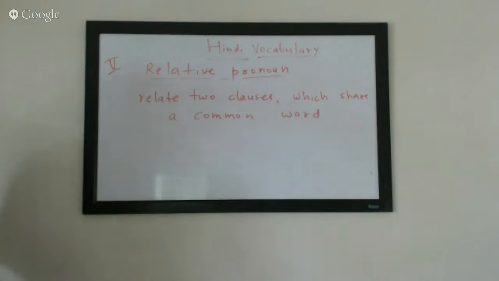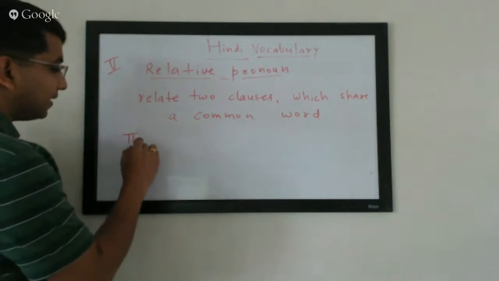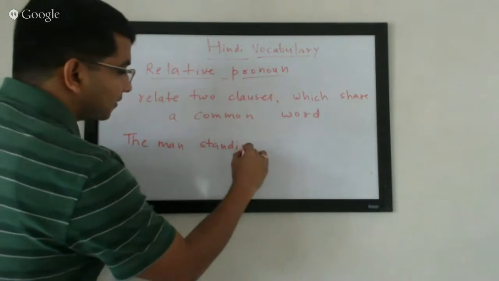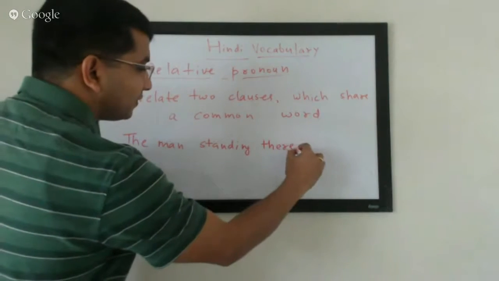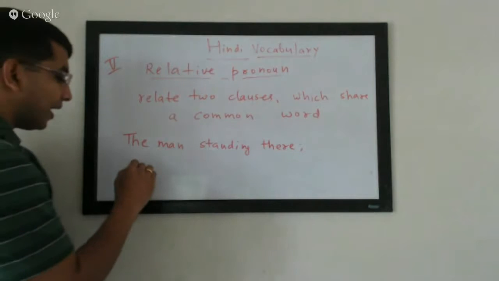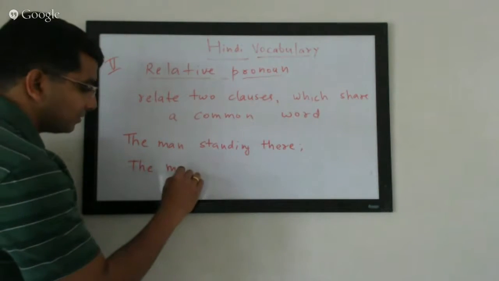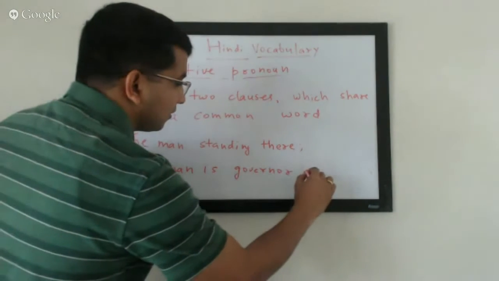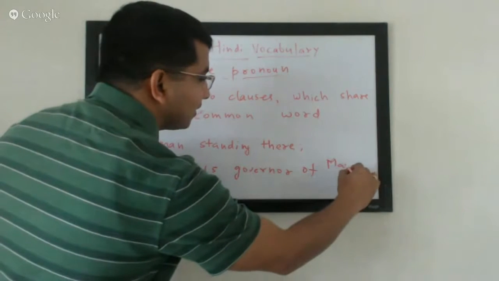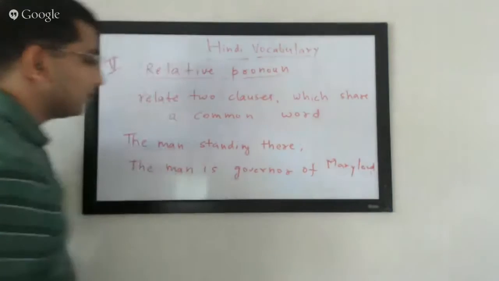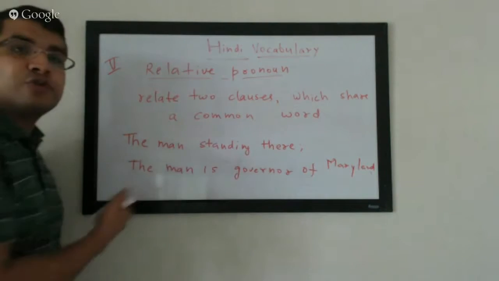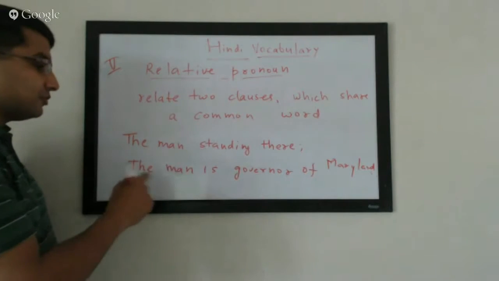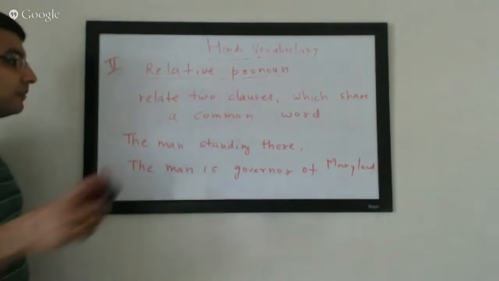Just to give you an example, let's say you have the sentence "the man standing there," and after that you have "the man is governor of Maryland." I just made it up, right? One way would be to say both of them separately.